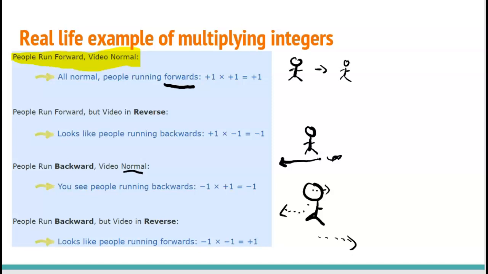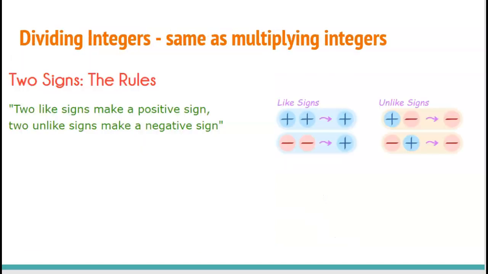All right. Multiplying and dividing are very similar to each other. When we are dividing integers, it is the same rule as multiplying. Something to remember: two like signs always make a positive sign, and two unlike signs always make a negative sign.